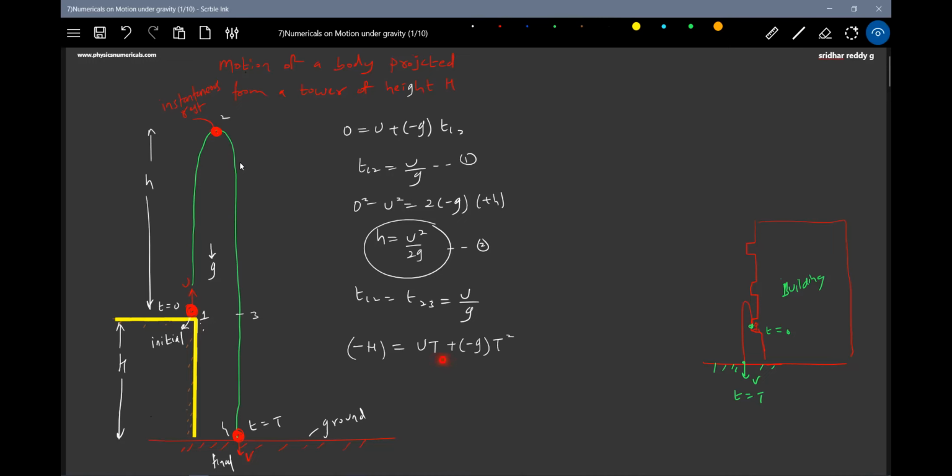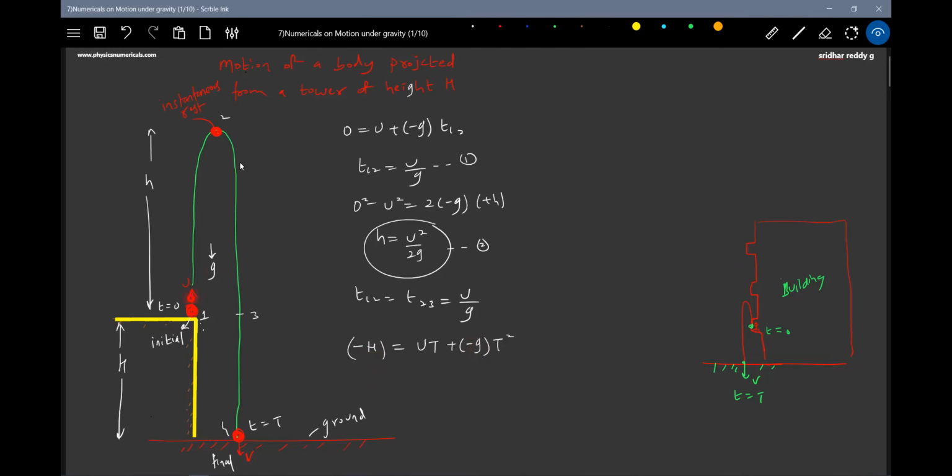When you're using equations of motion, you have to substitute quantities like velocity, displacement and acceleration with their signs. So what is the sign convention here? Look at the displacement first. It is opposite to the initial velocity, which is u upward, so therefore minus h. Then what about gravity?